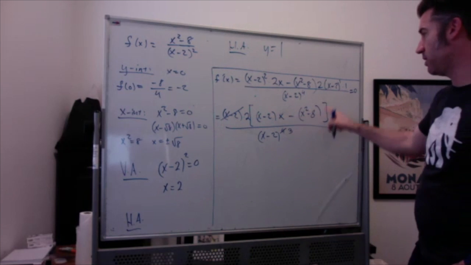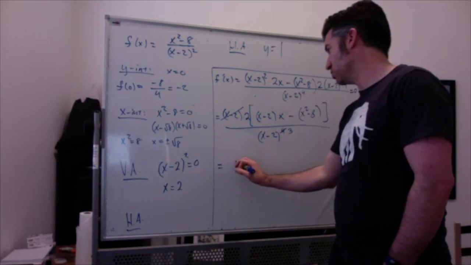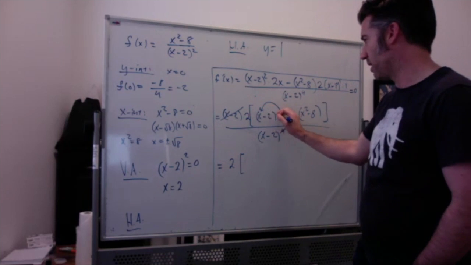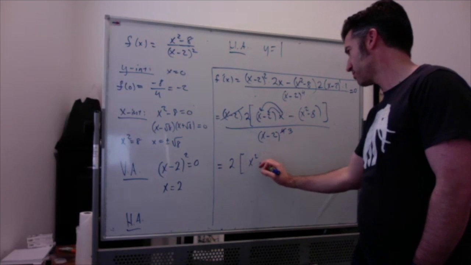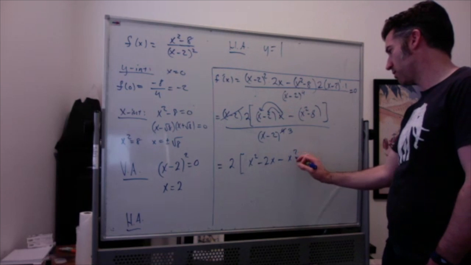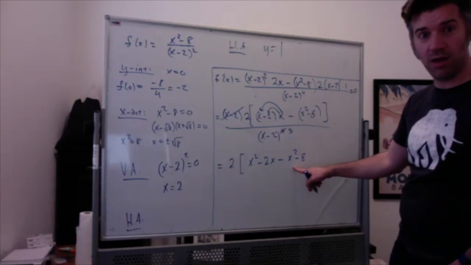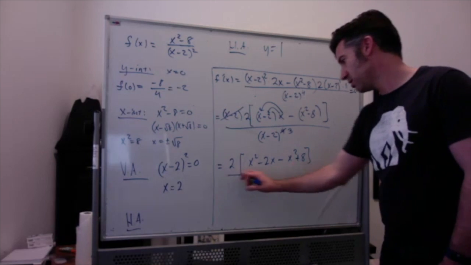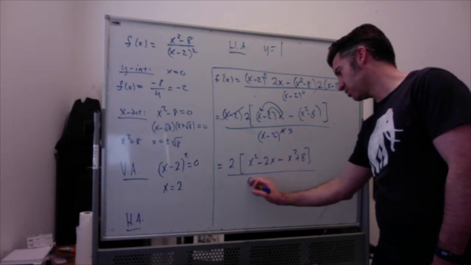Now I'm going to simplify the rest of this. So this is equal to 2 times x squared minus 2x minus x squared minus 8, which is x minus x squared plus 8, all over x minus 2 cubed.